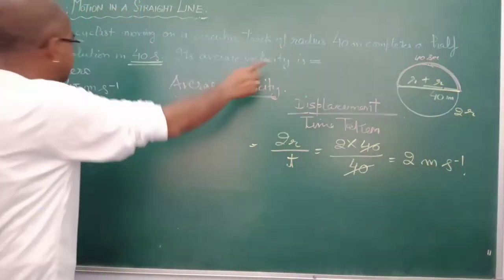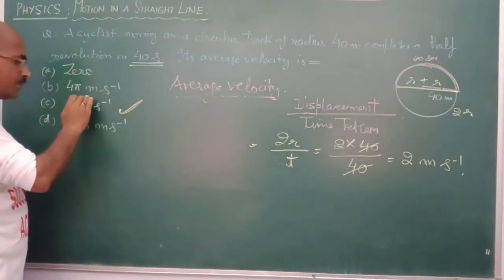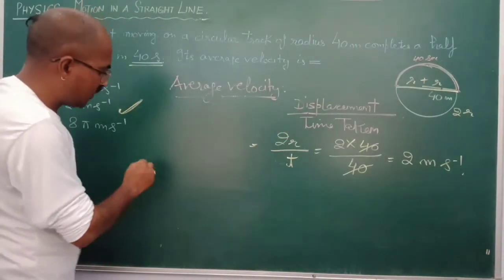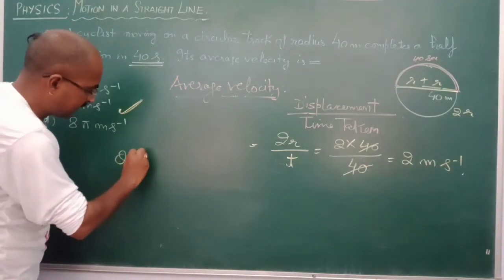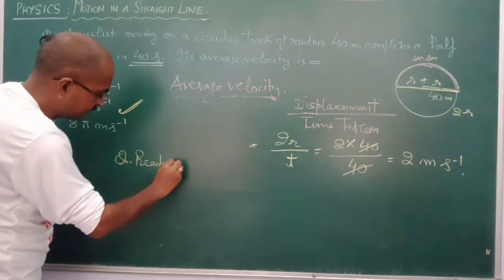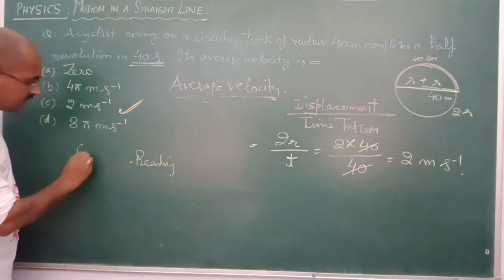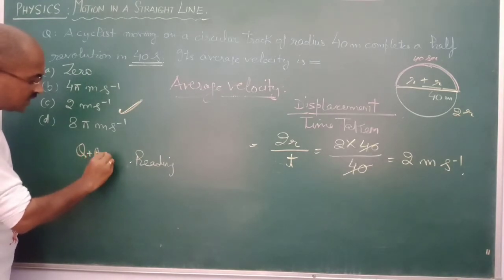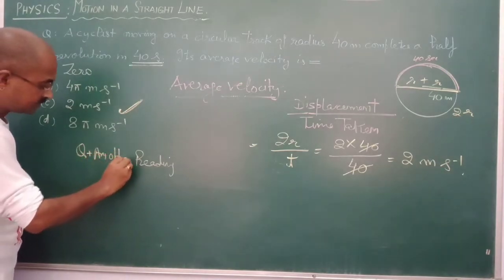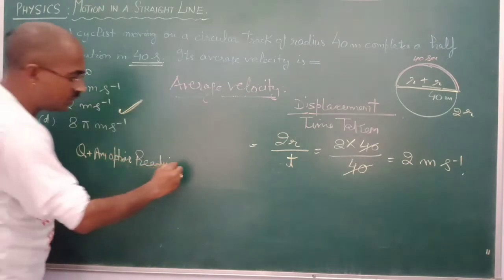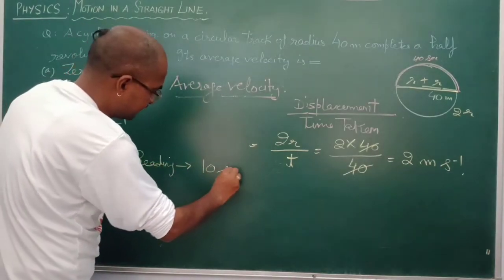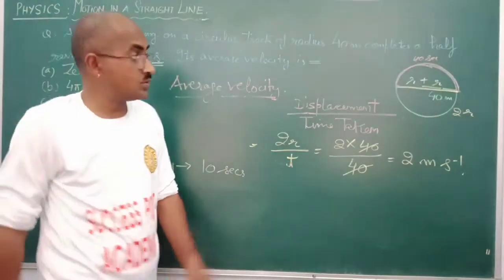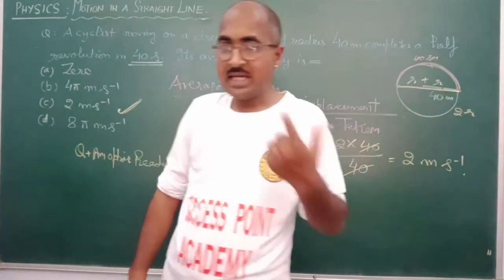Its average velocity is either 0 or 4 pi or 2 pi or 8 pi meter per second. So this whole reading of the question plus answer options took 10 seconds. Then what did we do, students? Tell me what we did after that.